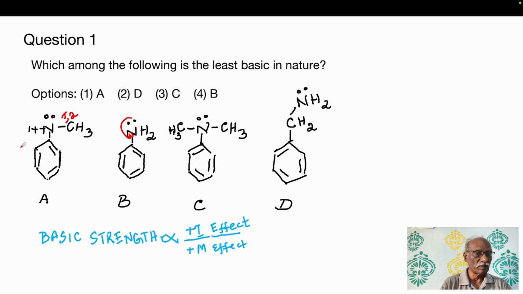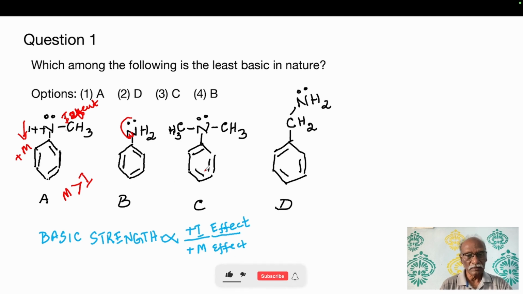The plus M effect decreases the electron cloud, whereas the plus I effect increases the electron cloud, however M is dominant over I. It is more powerful. As a result, the net effect is decreased basic strength.